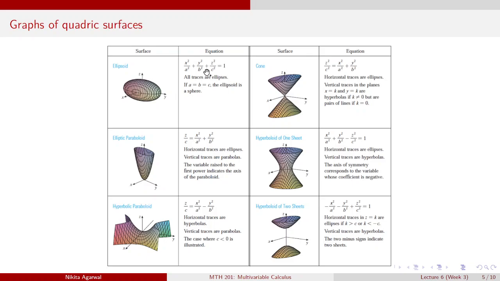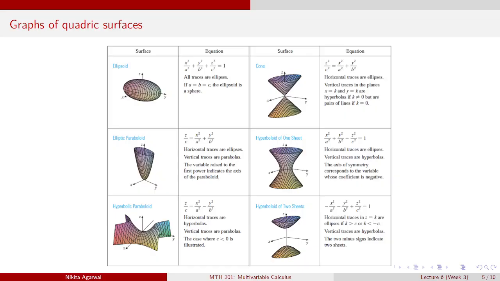I bring this term here, so I get 1 minus that constant square divided by c square. Since the left hand side is non-negative, the right hand side should also be non-negative. That poses constraints on what constant z can take, and that determines the limit of the values of z which are possible.